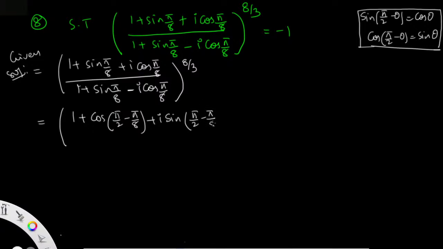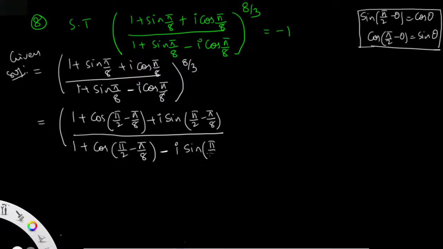All these have to be converted. So 1 plus cos 90 minus theta plus i into sin of 90 minus theta, divided by 1 plus cos 90 minus theta minus i into sin of 90 minus theta, whole to the power of 8 by 3 as given.